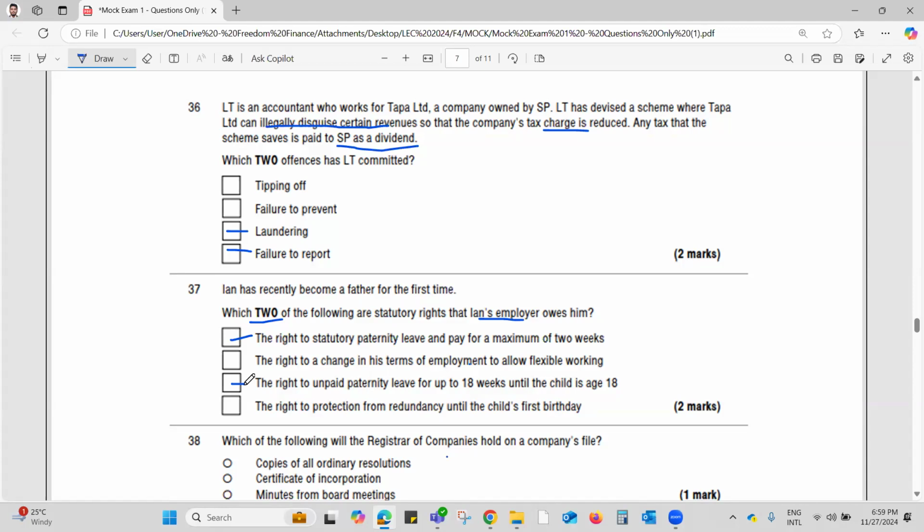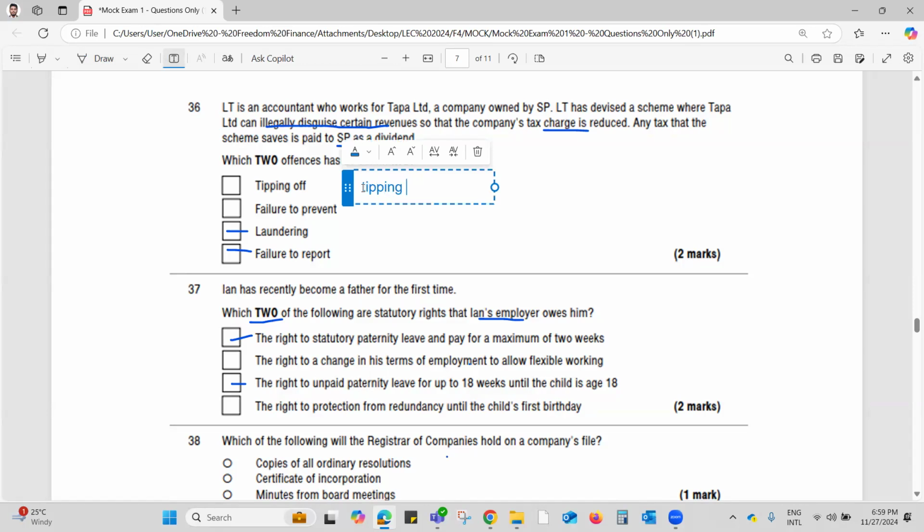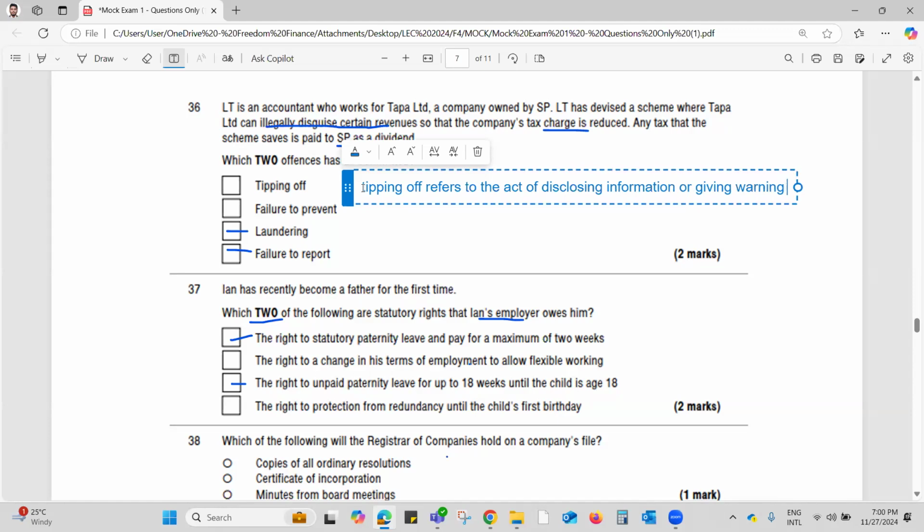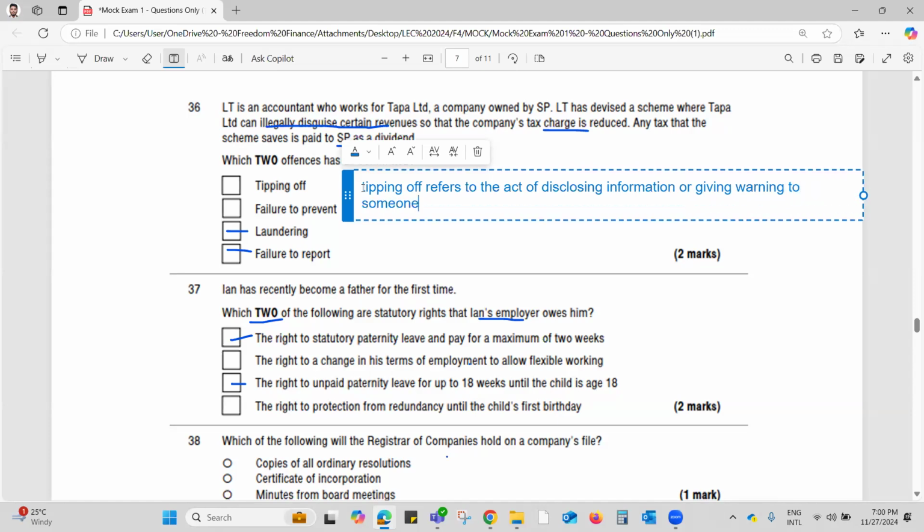So tipping off means, so make a note. You can say tipping off refers to the act of disclosing information or giving warning to someone who is involved in money laundering.